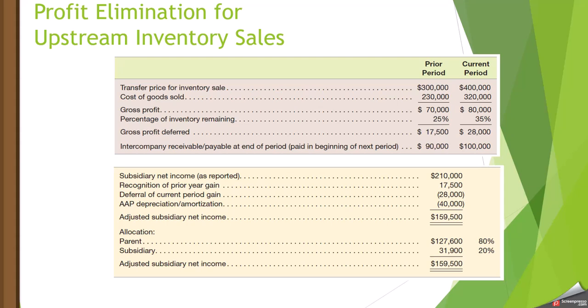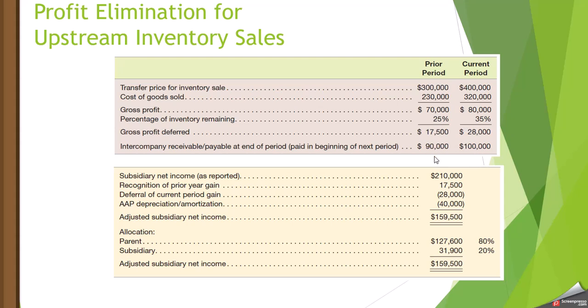Now when they are upstream, when the sub is selling up to the parent, we'll have to record these entries a little bit differently than if it's downstream, the parent selling to the sub. So they give us the same information like they gave us in chapter 4. We've got our intercompany sales, our profit, how much is left in our ending inventory, and what the receivable is between the two.